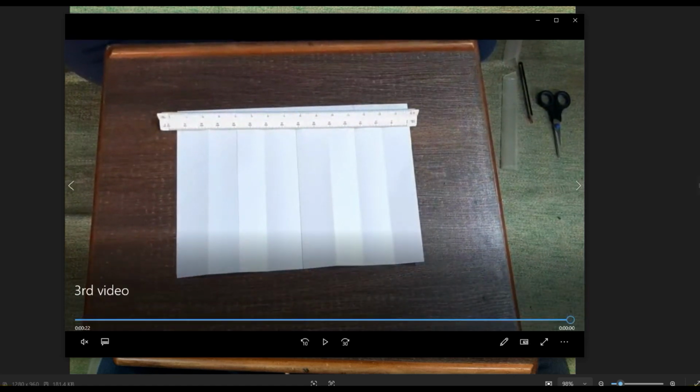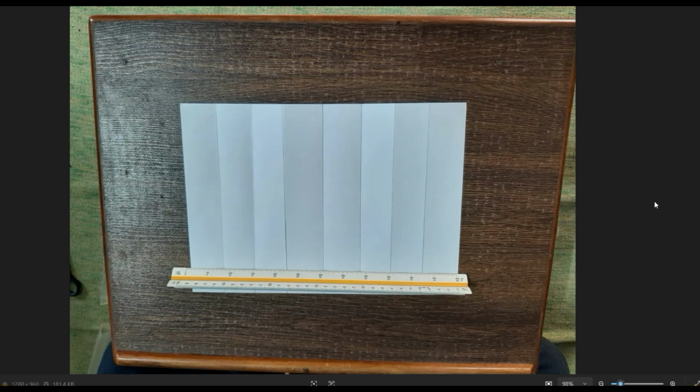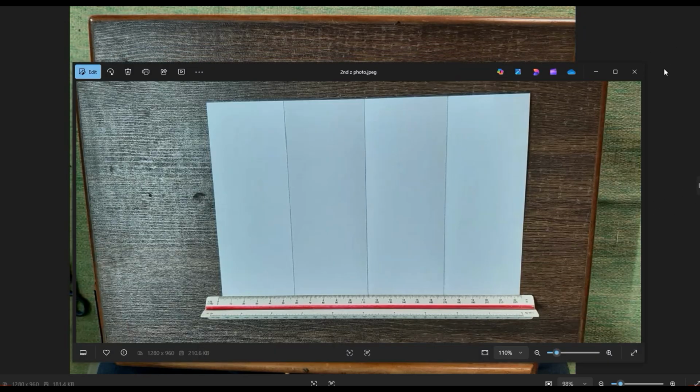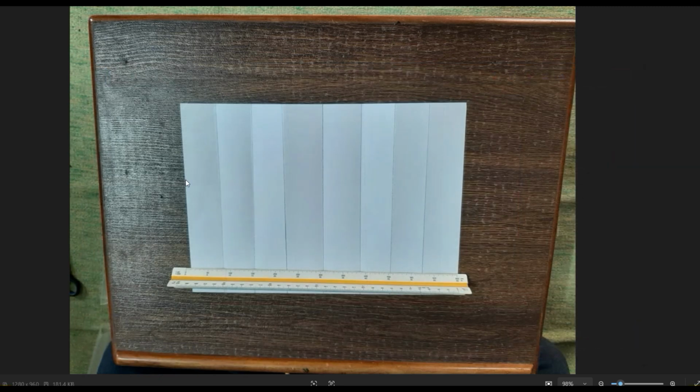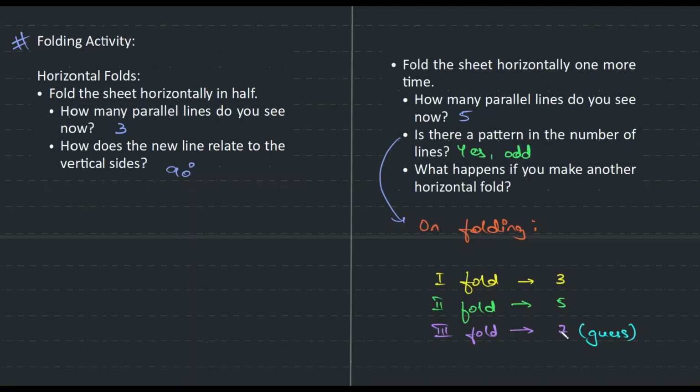We have 1, 2, 3, 4, 5, 6, 7, 8, 9. I guessed an odd number, and it is an odd number, but it is 9, not what I thought. So there might be a pattern, but I'm not able to guess as of now.